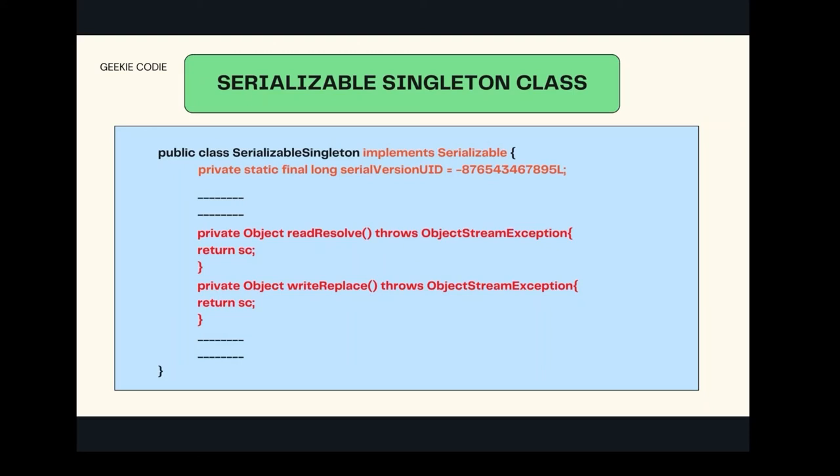Here we are returning the same singleton class object that we have created in the getInstance. Also in writeReplace during serialization, we are returning the same object as in readResolve, that we have in the getInstance method. In this way we can ensure that serialization and deserialization won't violate or impact the singleton behavior of the class.